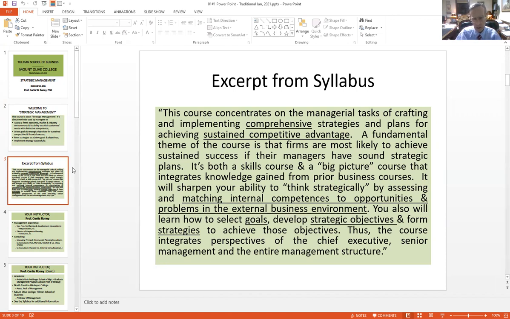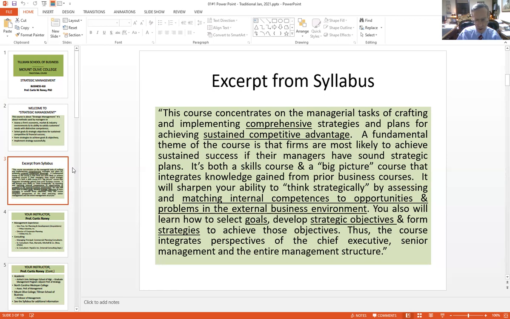So it's a comprehensive approach that we have to take. We can't just focus on one discipline or the other. Like other managers, strategic managers have to focus on pulling it all together with the intent of getting competitive advantage that will last a while, sustained competitive advantage. It's one thing to be able to win a battle for a month or two, and it's another to do it for a decade or two.